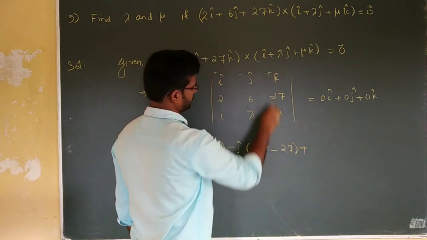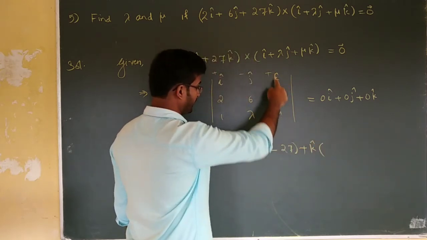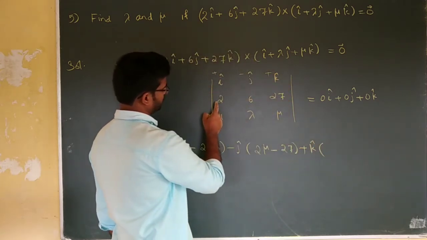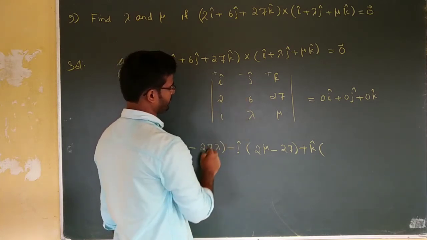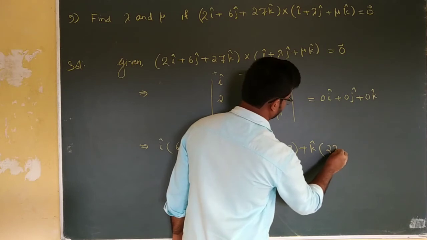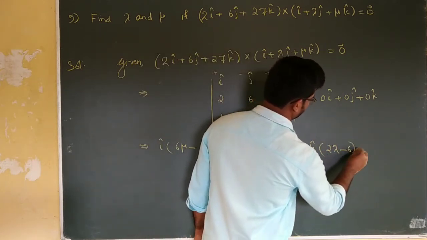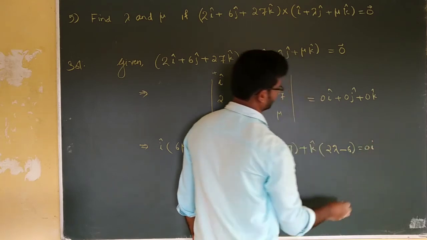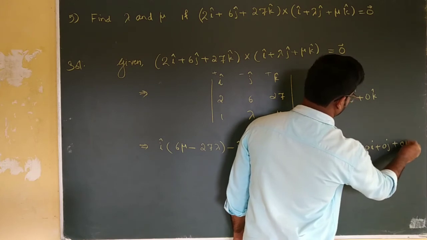Plus, minus again plus k vector. Leave the third column, first row. Then remaining 2, 6, 1, lambda: 2 into lambda, 2 lambda minus 1 into 6, 6, equal to 0i, 0j, 0k.